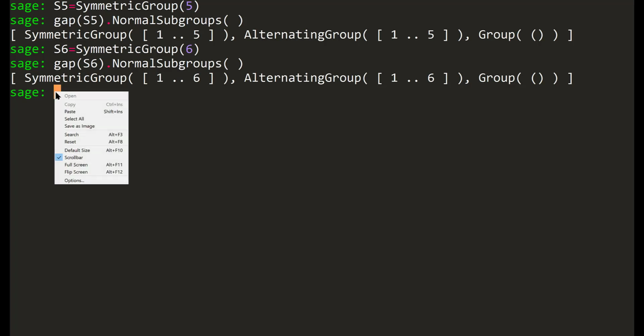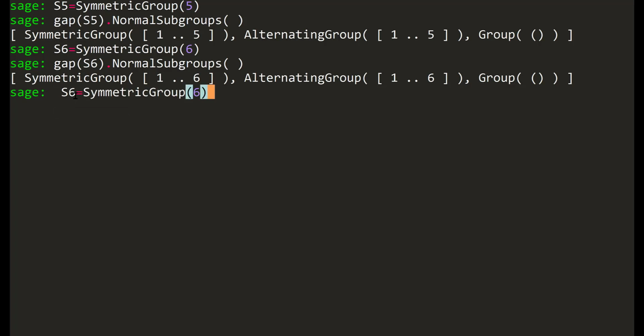So let's for instance go for S7. So here 7, and we change this to 7. I don't know which way is faster.